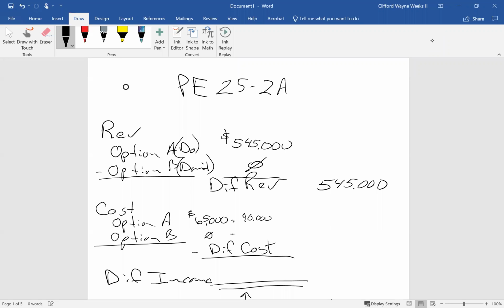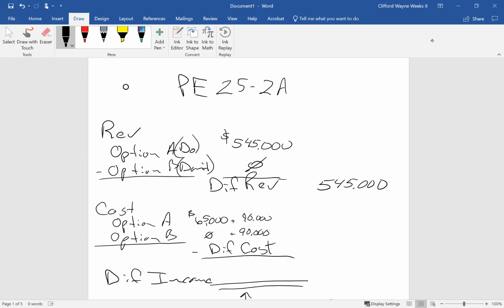If we don't do this, and this is what I refer to as an irrelevant cost, because fixed are fixed. If you understand fixed cost, then it doesn't matter if you make 1 unit or 0 units, you're going to have to pay that $90,000. That is not relevant in this scenario.